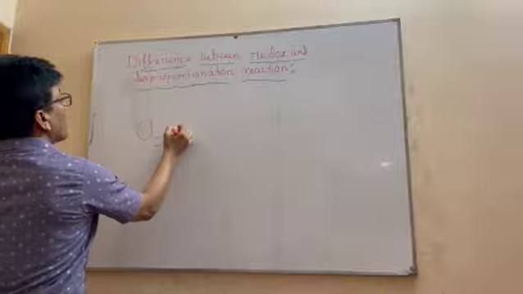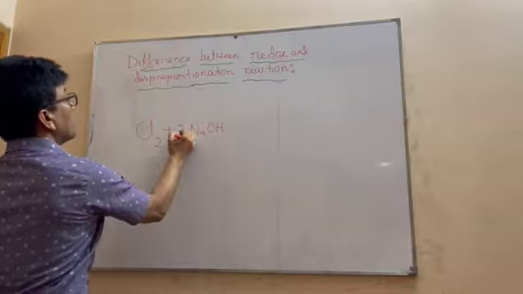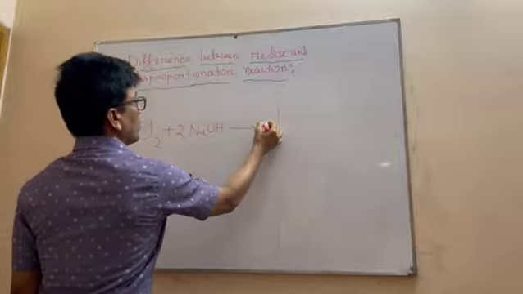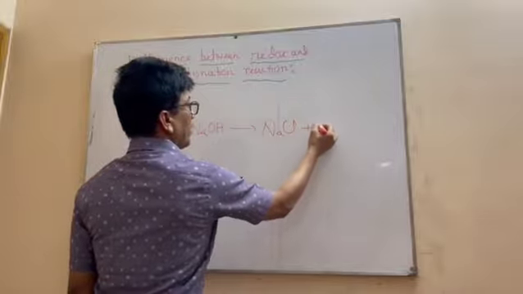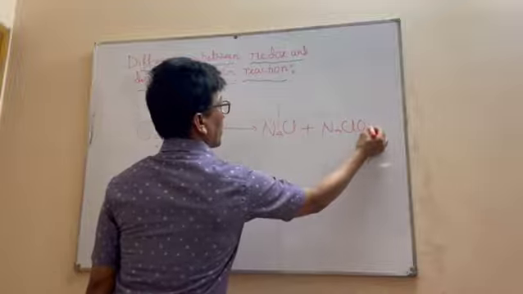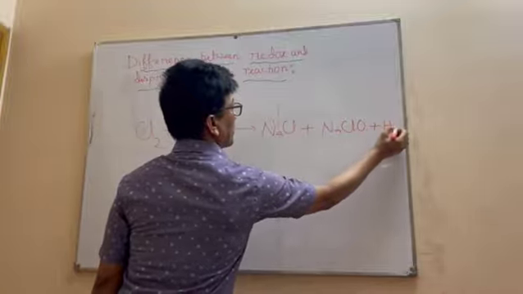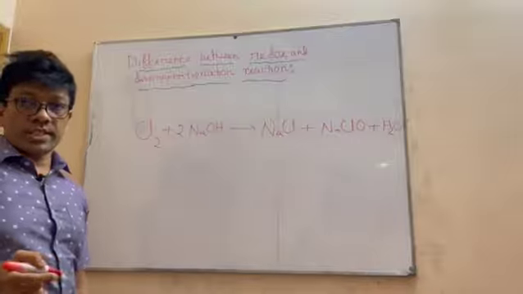Chlorine reacts with alkali to form sodium chloride, sodium chlorate 1 plus water. So this is a disproportionation reaction.